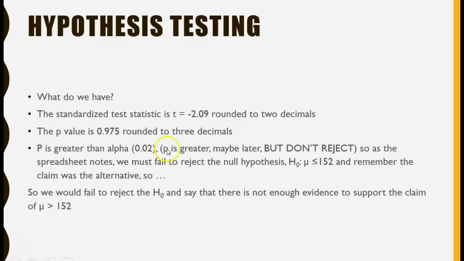So p is greater than alpha, so we fail to reject the null hypothesis. When we fail to reject, we're going to say there is not enough evidence to support the claim because the claim was the alternative. So we would fail to reject the null and say that there is not enough evidence to support the claim.